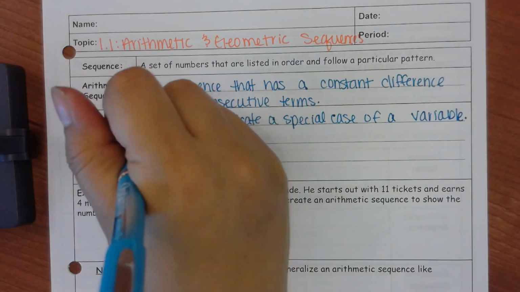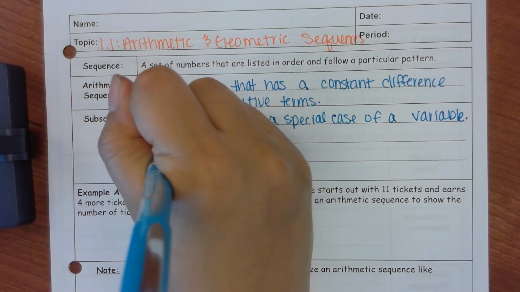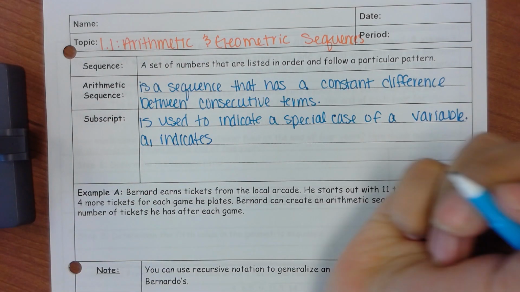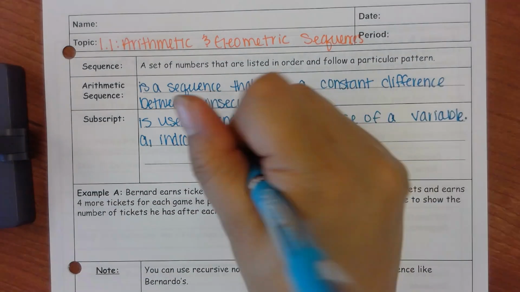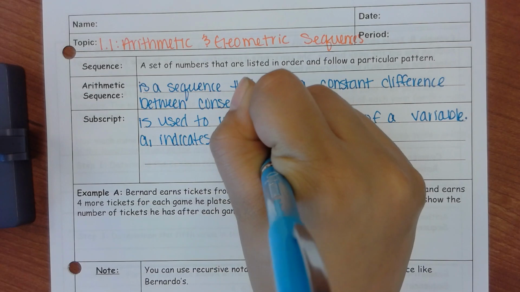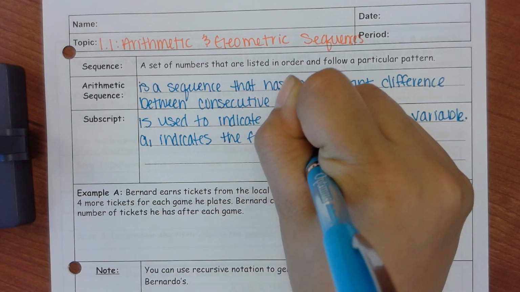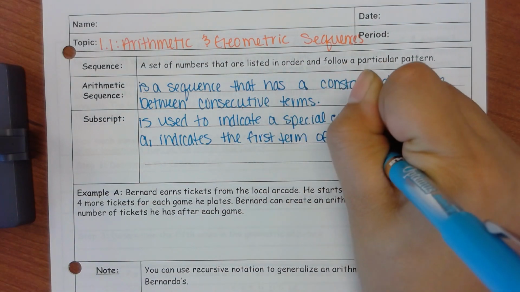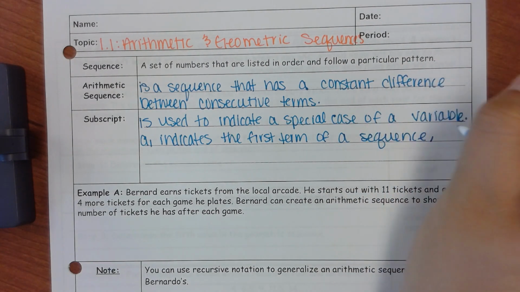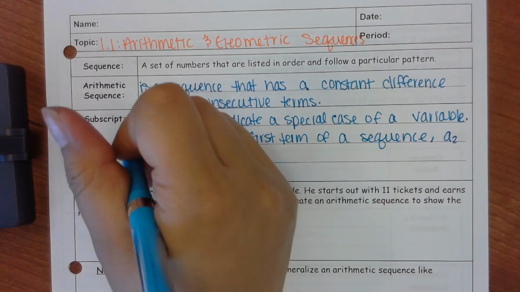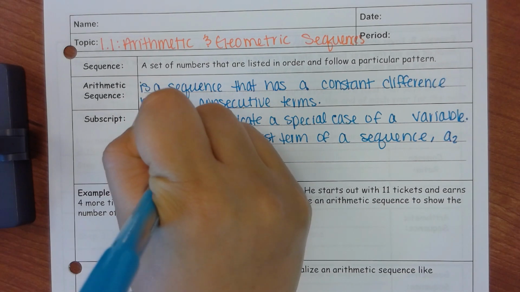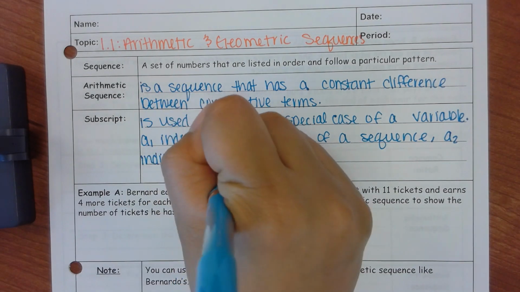So A3 would be the third term, A4, it's just whatever that little small number is, that's the term of it. So A1 is read A sub 1, so if you hear somebody say A sub 1, then you automatically think a letter and then a small little number in the bottom right corner. So back to Bernardo.